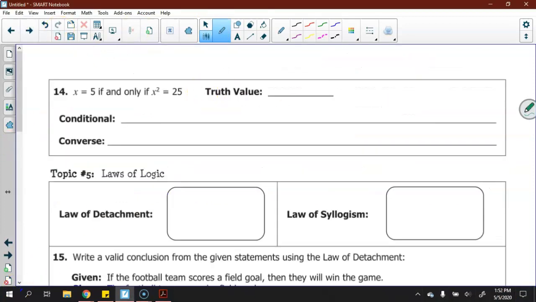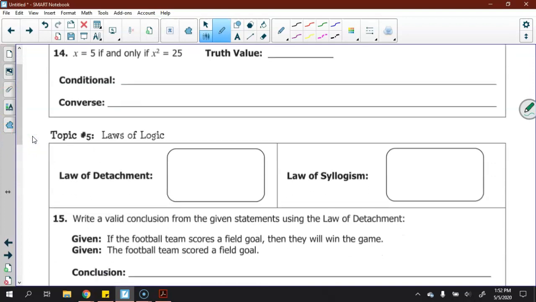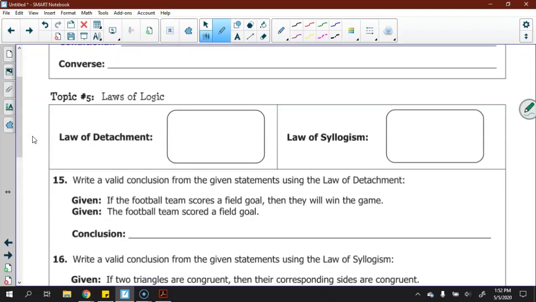All right, so the next page, we've got another biconditional practice, but we've got laws of detachment and law of syllogism. Law of detachment is saying if P, then Q, and then P happens, then we can say for sure Q will follow.